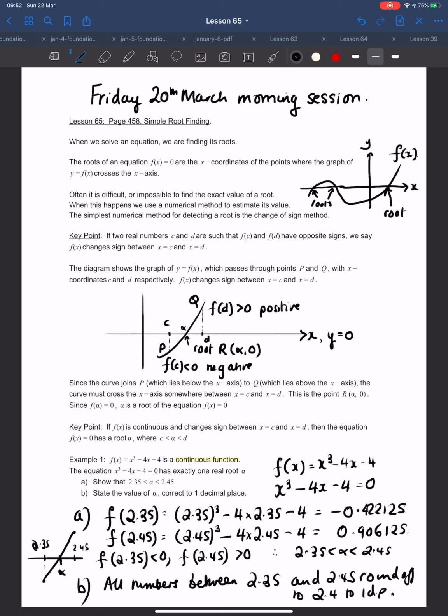So therefore alpha is 2.4 to 1 dp. If we actually put 2.4 in, I haven't done that on my calculator, but it'll be close to 0. It won't be exactly, but it'll be nearly there.